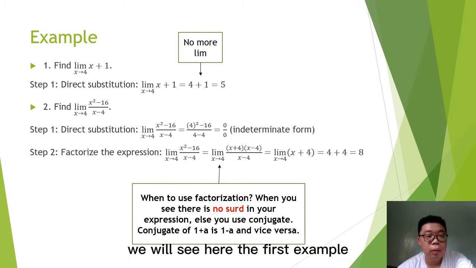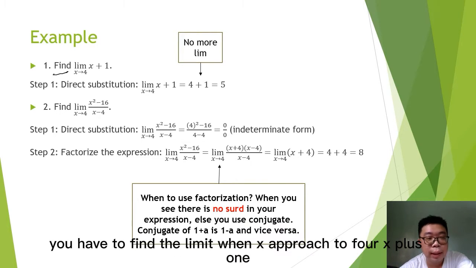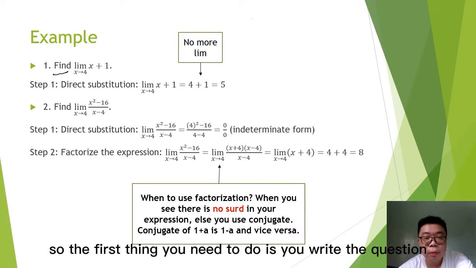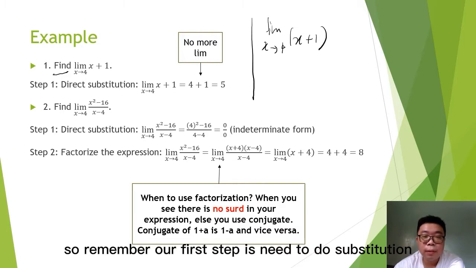Okay, for example, we will see here. The first example, you have to find the limit when x approaches 4 of x plus 1. So the first thing you need to do is write the question. Remember, our first step is to do substitution.